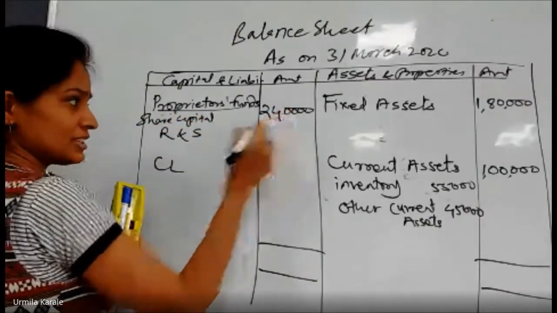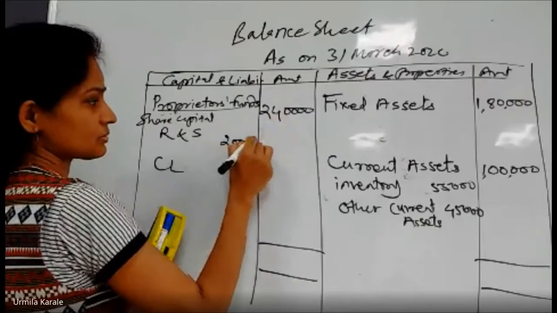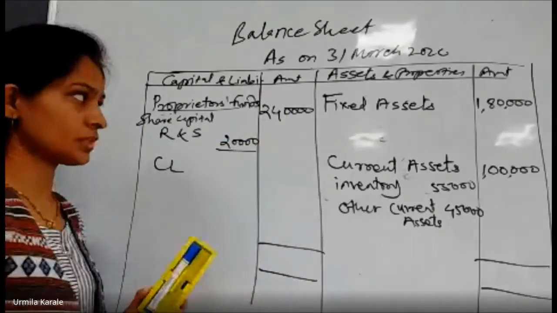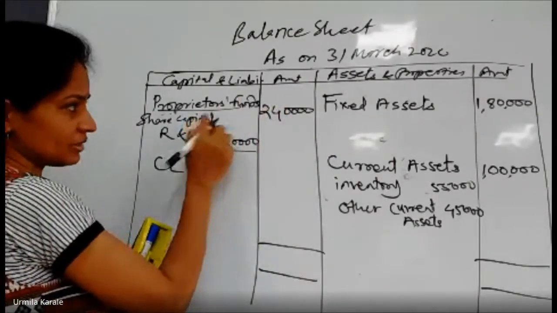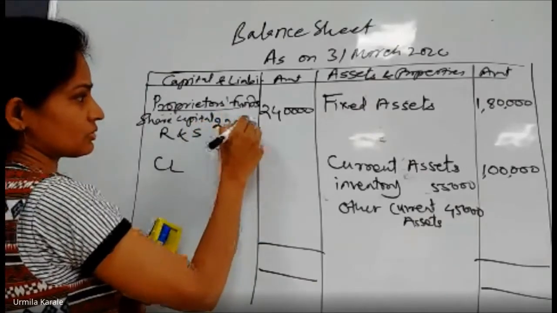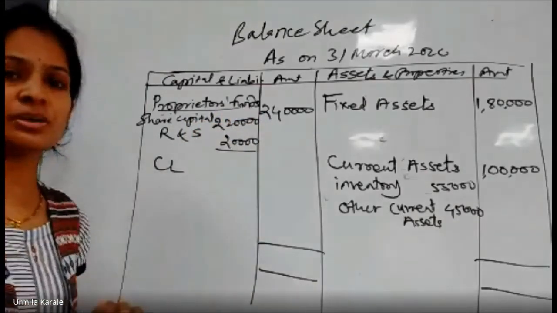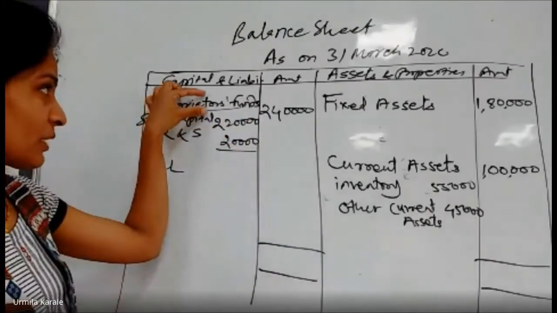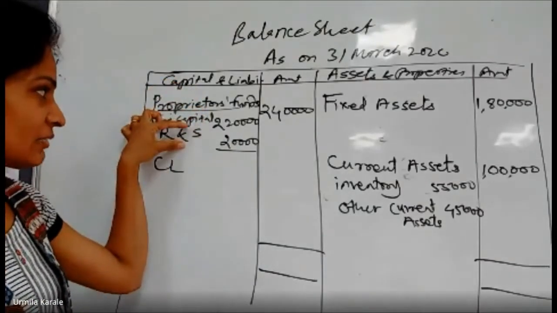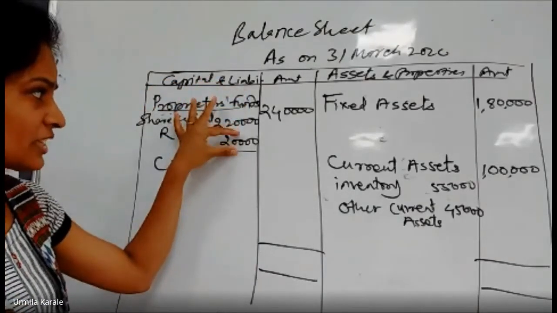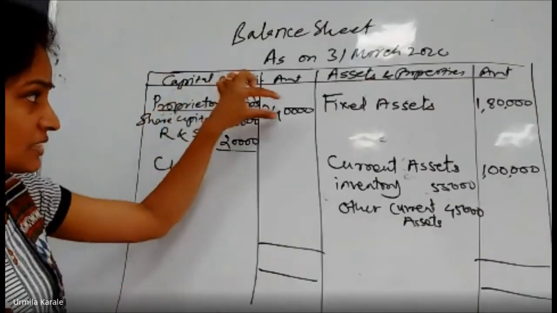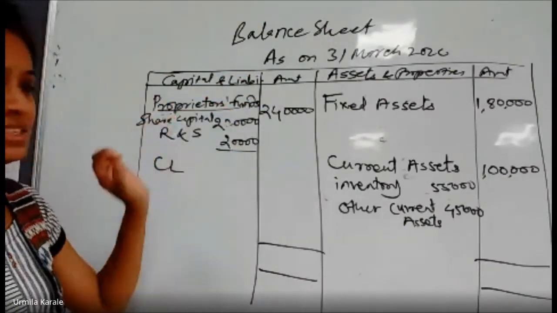Now out of this 20,000 is reserves, which means the remaining is the share capital. So 2,20,000. We are just showing the bifurcation. Out of proprietors funds, if reserves are given separately as 20,000, then the remaining amount is the share capital.